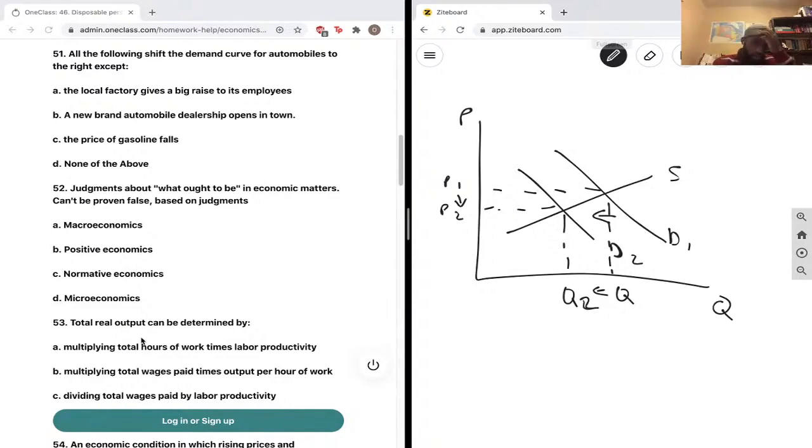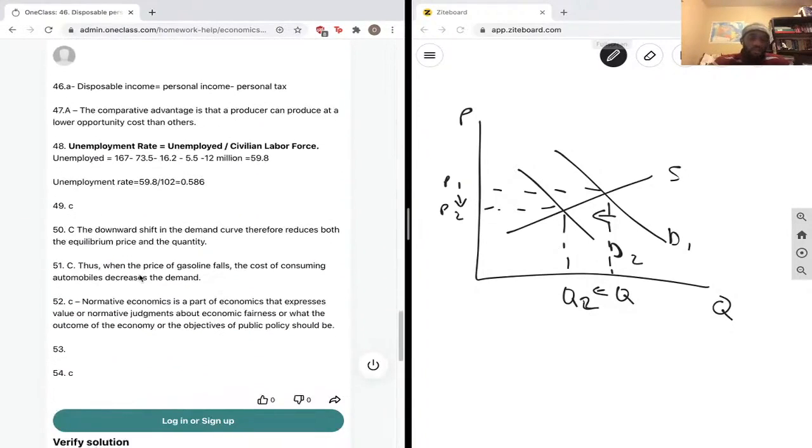And basically, I believe it's C. Normative statements usually have words like would, should, ought to be, could. And positive statements would be more direct, saying it will, it causes this, etc. And the key thing here is what ought to be. And that tells you it's a normative statement. So it would say this is C, normative economics.